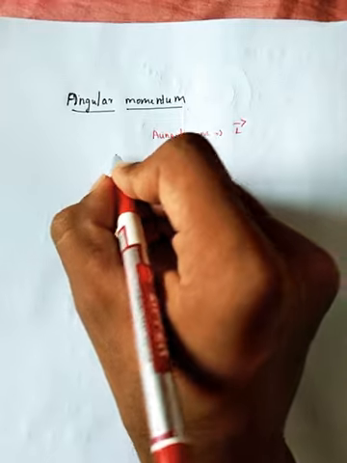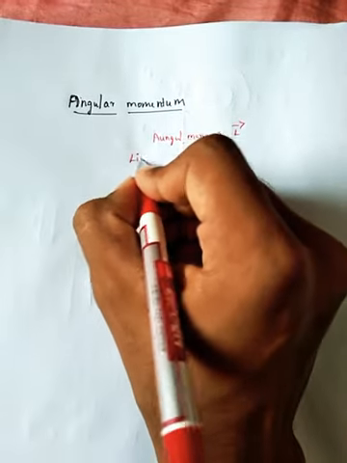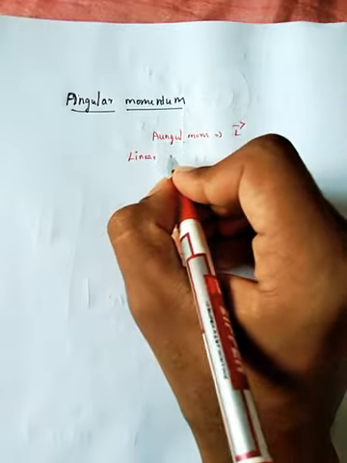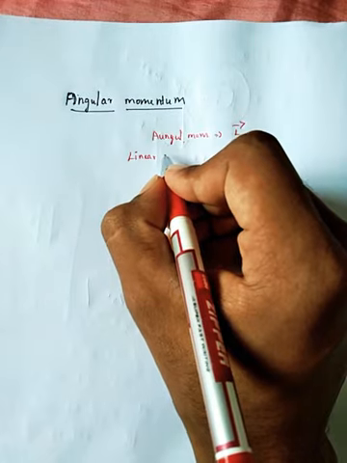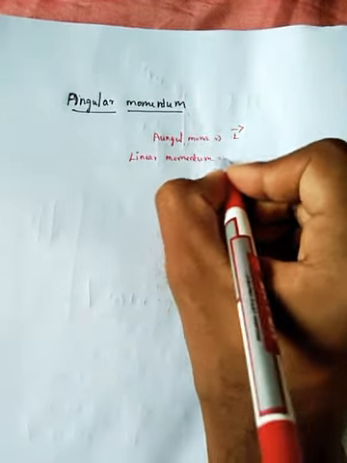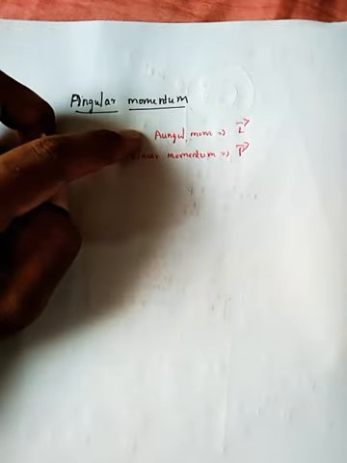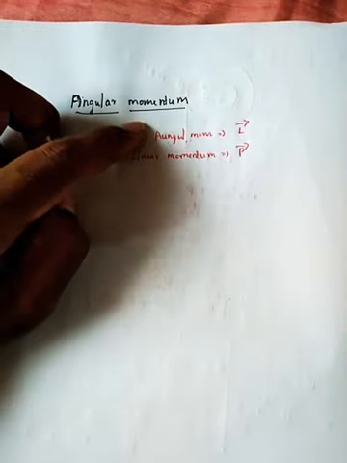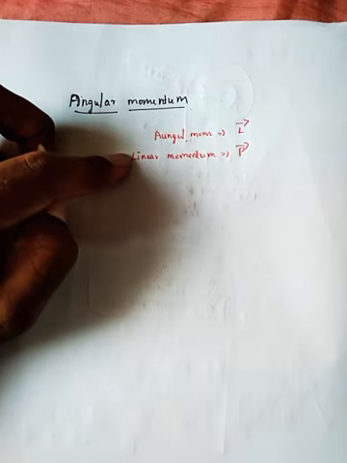You already know linear momentum, which we often see in 2D. Linear momentum is referred to as p vector. What's the difference? Angular momentum we use in rotational dynamics, linear momentum we use in 2D.